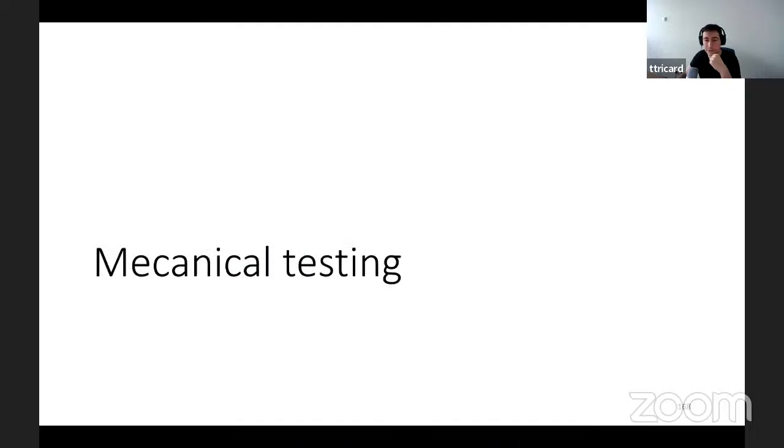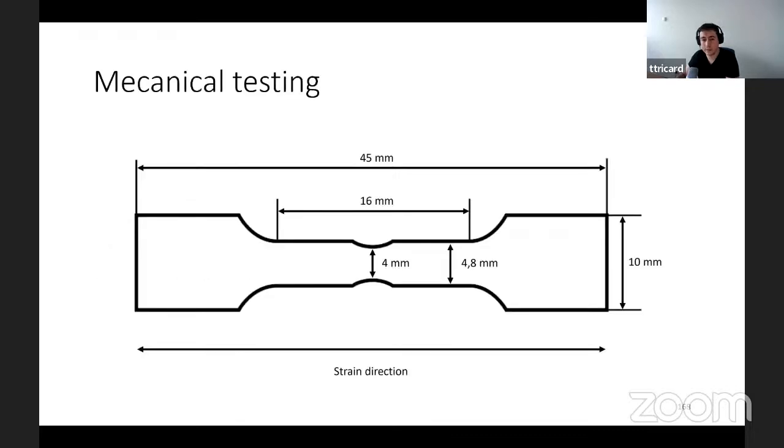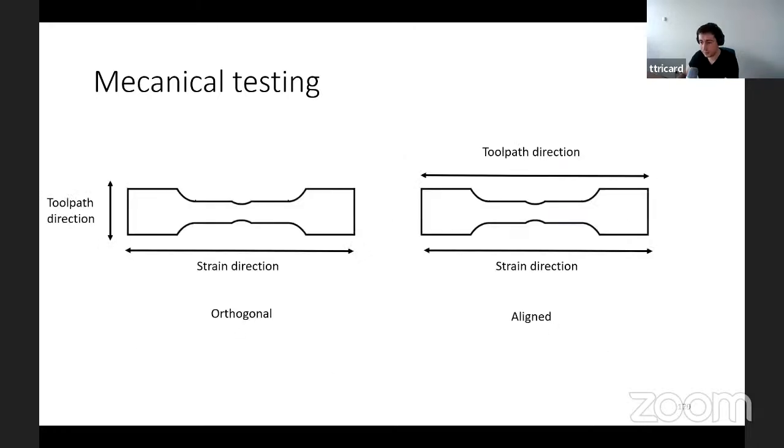So of course, we try to test our application here. We did a first test, which was to test if the alignment of the toolpath was important for strain. Here are the mechanical specimens that we used, and here are the two tests we did. You have toolpath directions indicated and the strain direction.